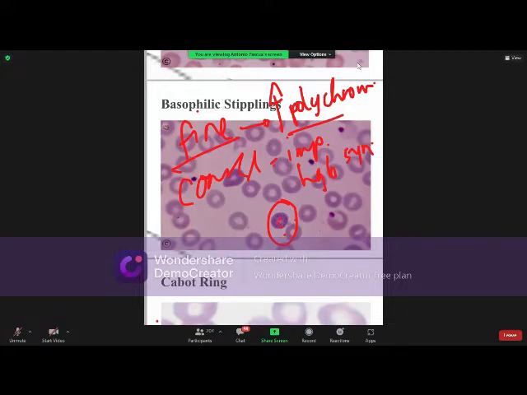So just think of it as a domino effect. If there's lead poisoning, what happens is that you don't form heme. Right? You don't have protoporphyrin. So if you don't form heme, those globins that you form on your ribosomes will just accumulate within your cell.